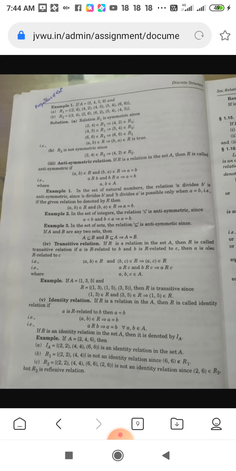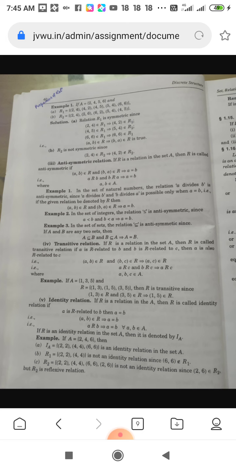Reflexive: for any set, R is a relation, then (a, a) belongs to R. Symmetric: (a, b) belongs to R implies (b, a) belongs to R. Antisymmetric: (a, b) belongs to R and (b, a) belongs to R is possible only when A is equal to B. Transitive: (a, b) belongs to R, (b, c) belongs to R implies (a, c) belongs to R. And identity relation: (a, b) belongs to R implies A is equal to B. So this is the identity relation.